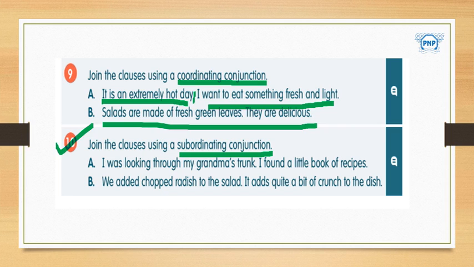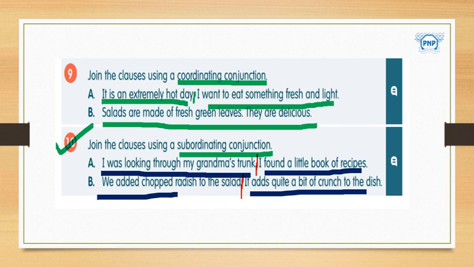As you can see here, this sentence is finished here, so we are getting two separate parts. This is the first part of the sentence and this is the second part. So in between them we have to add a subordinating conjunction, correct?